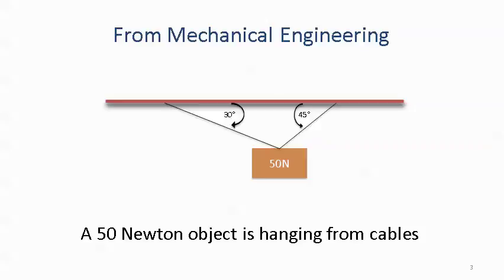In the mechanical engineering world, let's assume we have a 50 Newton weight hanging from a surface. Two cables are suspending this weight. One of them is measured to be at an angle of 30 degrees down from the horizontal, and the other is measured at 45 degrees down from the horizontal.